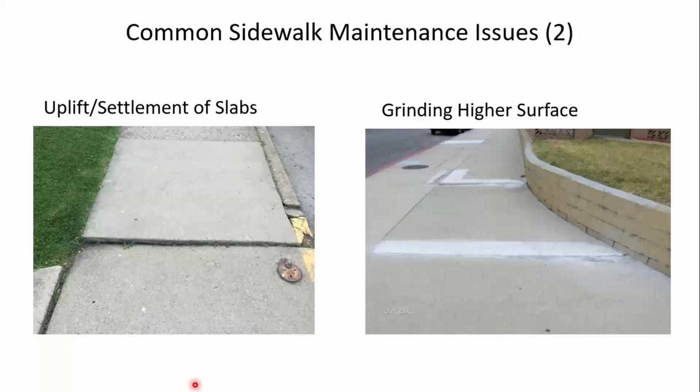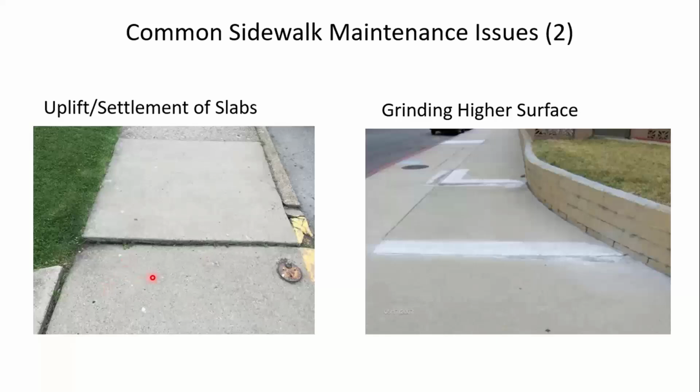Uplift or settlement of slabs, we've been talking about that. I'm not sure the tree roots are involved here, but notice on the left, clearly this slab has been raised up above the adjoining sidewalk. This becomes a change in level. Looks like it exceeds a 1/4 inch vertical, so that becomes a barrier to someone in a wheelchair, also a potential tripping issue for an able-bodied pedestrian.